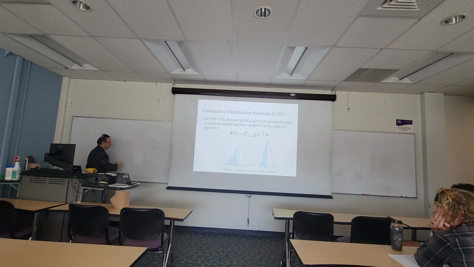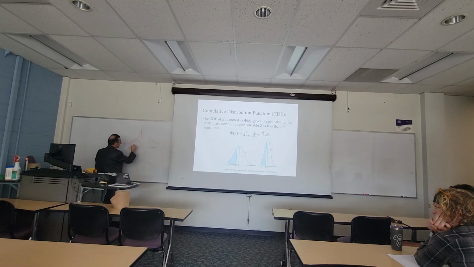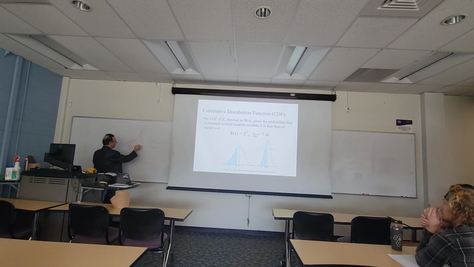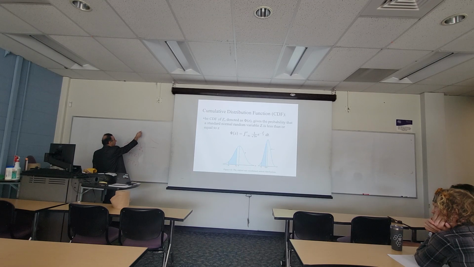You find the probability of Z1, and then you find the probability for Z2. This probability of Z2 is going to cover all this area.